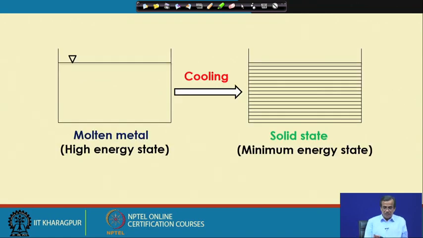Now, this schematic view shows, so this is as if the molten metal, and this shows actually the solid state of the metal. Now, whenever a metal is in molten state, it has got high energy. So, this is in high energy state, and if you just cool it down, so this will become solid, and solid state corresponds to the minimum energy.